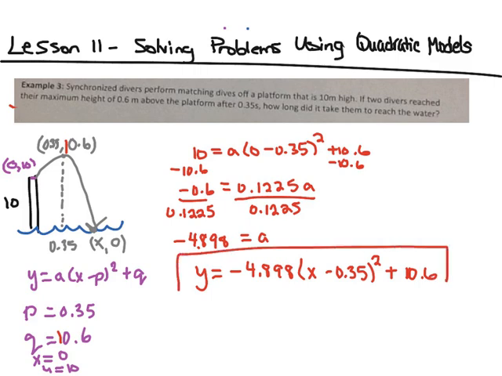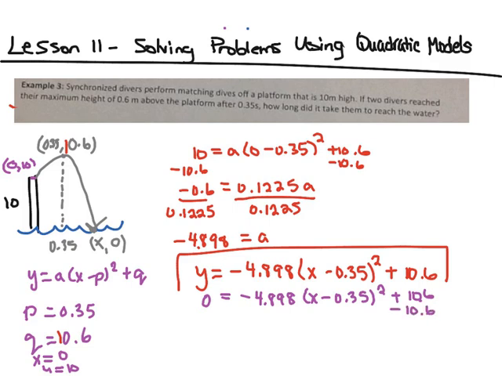So we want to find x for when y is 0. So we're going to plug in a 0 for y. So 0 is equal to negative 4.898(x minus 0.35) squared plus 10.6. So we're going to isolate our squared term. We're going to minus 10.6 from both sides.